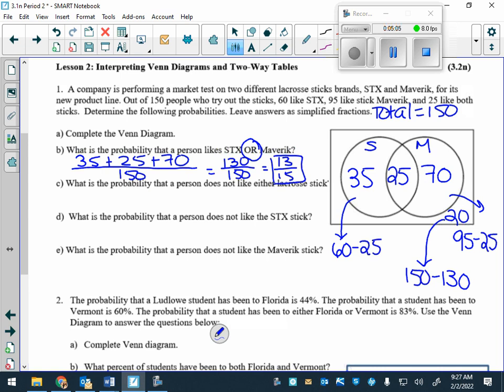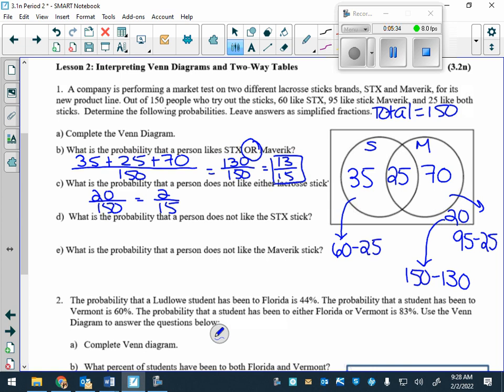Okay, what is the probability that a person does not like either lacrosse stick? Yeah. 20 out of 150, 2 out of 15. Good. Yep, go ahead. How would I answer the next one?